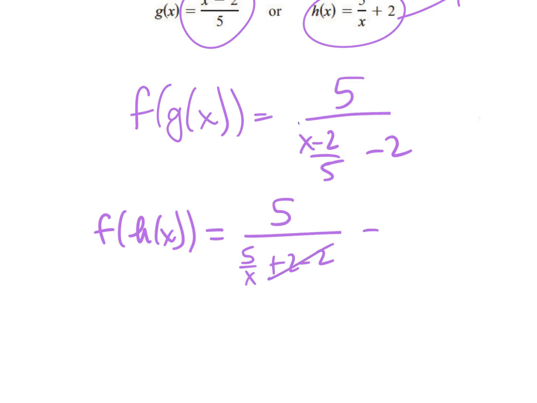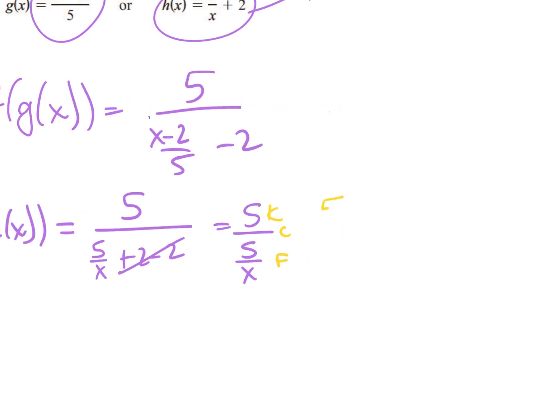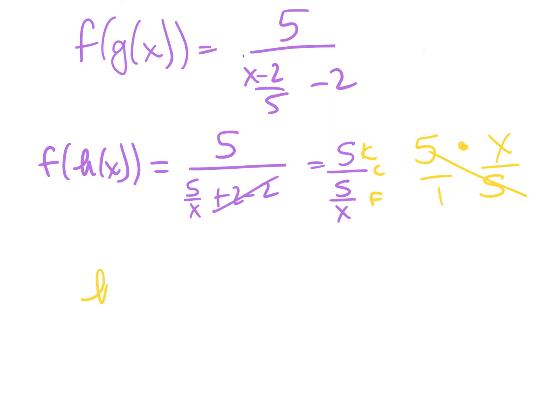They cancel, so then I'm left with 5 divided by 5 over x. Do you guys remember? Keep, change, flip. Keep the 5, change division to multiplication, and flip. What happens? They cancel out and becomes what? X.